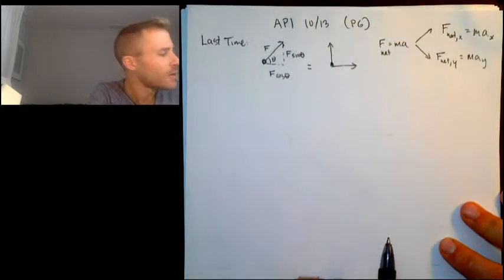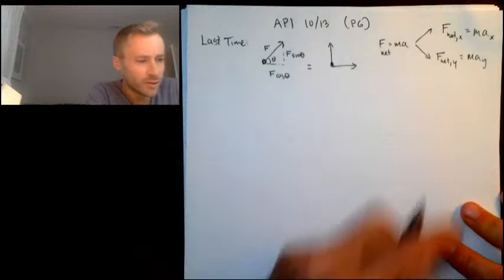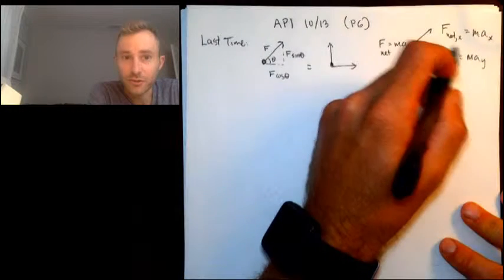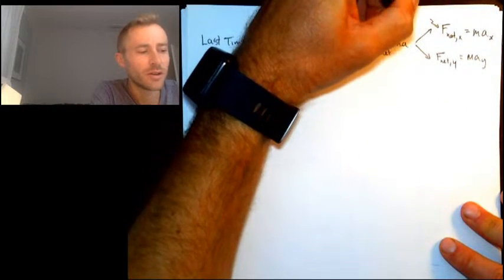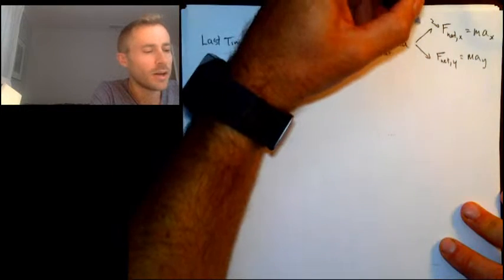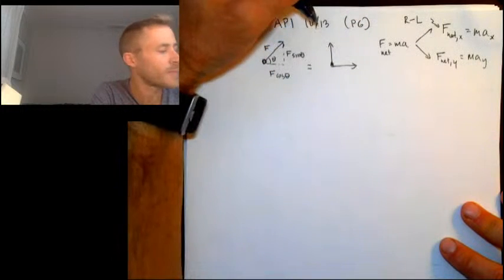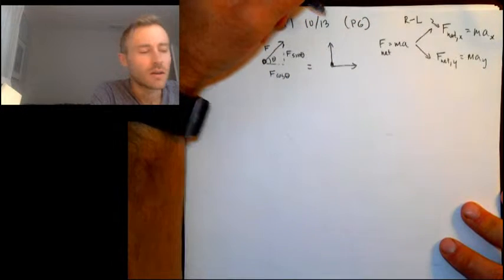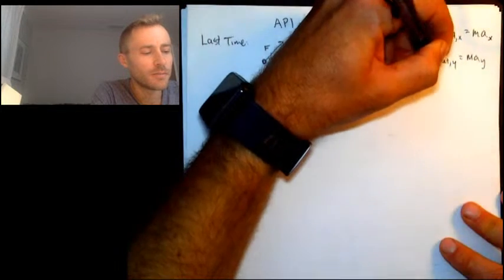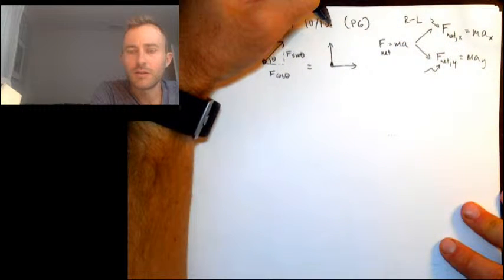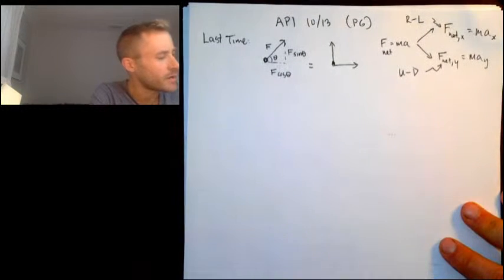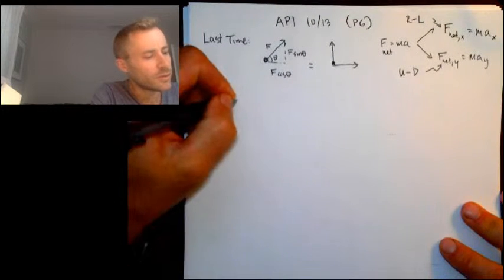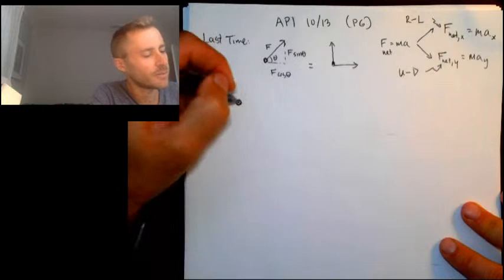Okay? So what does it mean to say the net force in the x direction? Well, the net force in the x direction is simply the rightward forces minus the leftward forces. The net force in the y direction is upward forces minus downward forces. Okay?